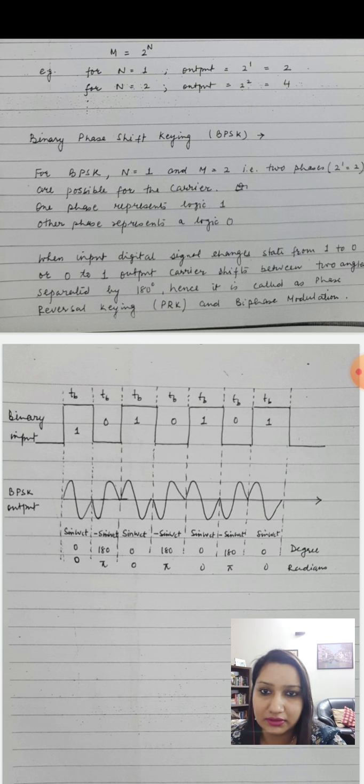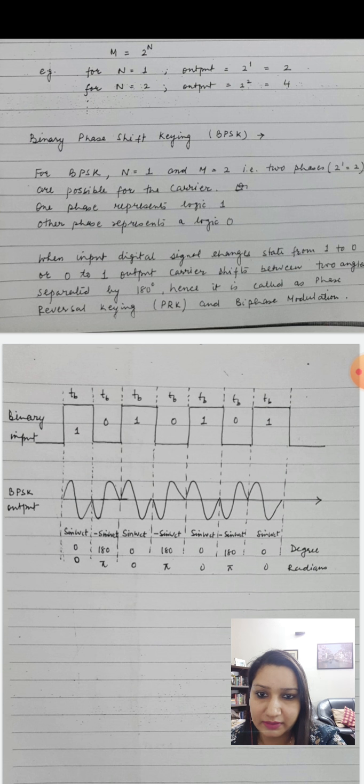What is happening when the input digital signal changes from 1 to 0 or 0 to 1? The output carrier shifts between two angles separated by 180 degrees. So whenever there is a change in the input digital signal, either from 1 to 0 or 0 to 1, there is a shift in the phase of the carrier.